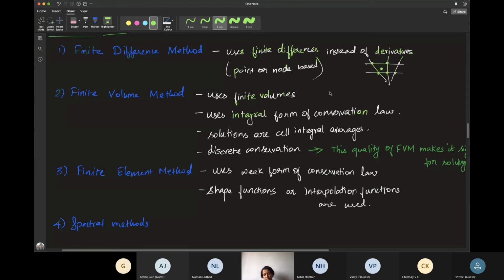From that you get the differential form, and if you integrate the differential form over some control volume, then it becomes an integral form. So the theory for the finite volume method is developed upon this integral form of conservation law. We won't consider either the PDE or the weak form. We'll use the integral form here, and the solutions here are cell integral averages.